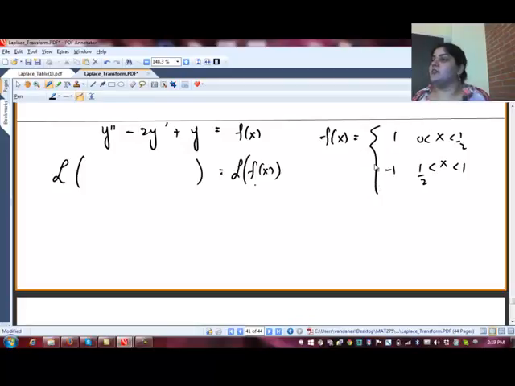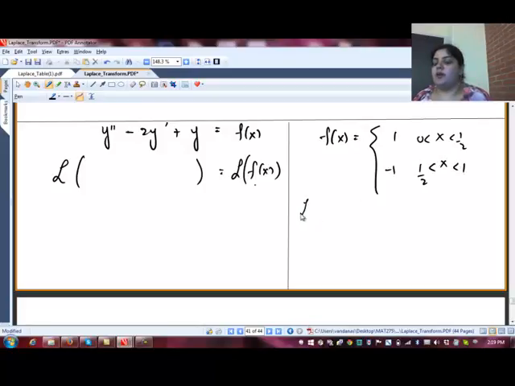Now, the table is not giving you this. How will you find the Laplace transform of this function? This function is discontinuous at x equals half. This function is only defined between 0 and 1.